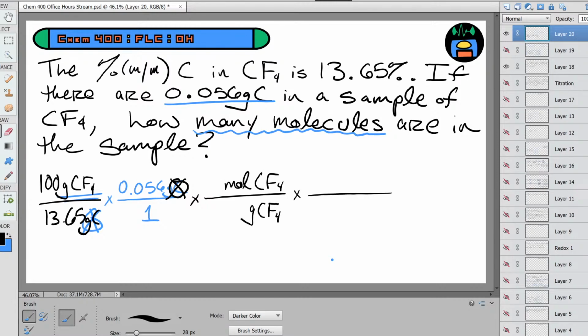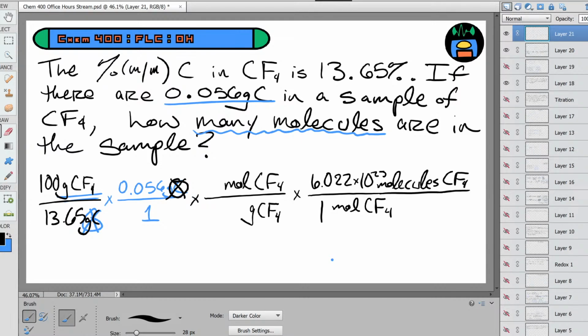And then we can convert moles of CF4 to molecules because we know that 1 mole is 6.022 times 10 to the 23rd molecules. So all we need to do is get that molecular weight.